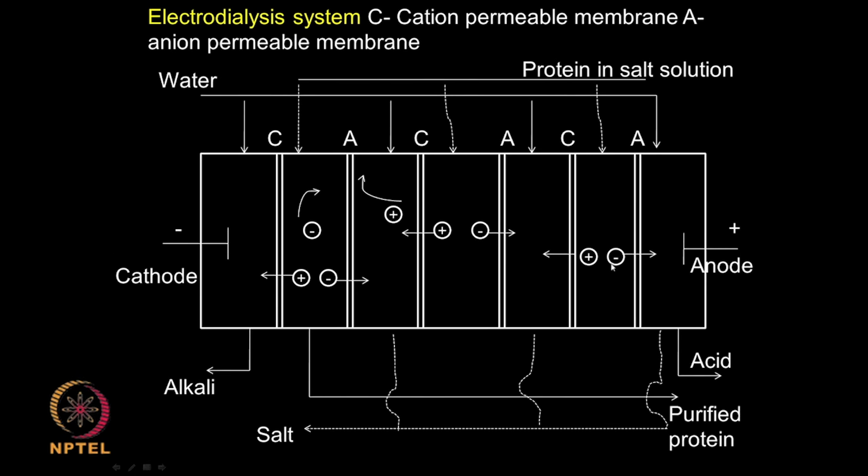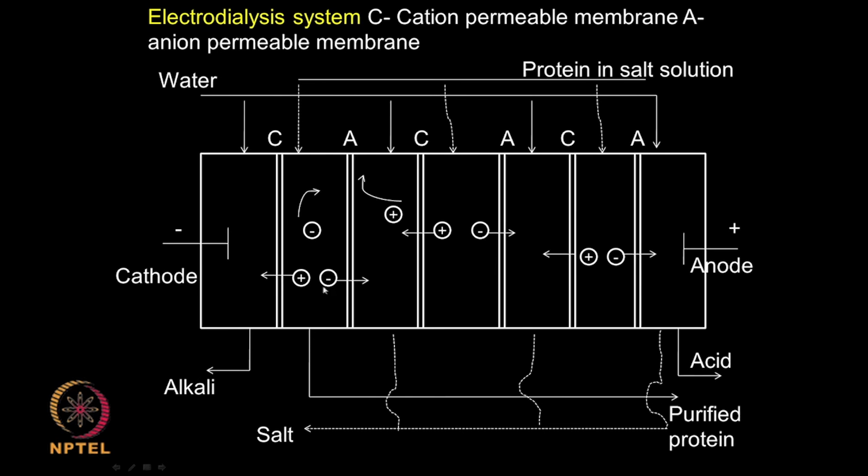So, what happens? All the cations will try to move there, and the anions will go to the other side. You will end up having pure salt collected in alternate compartments, and purified protein collected in the other alternate compartments.